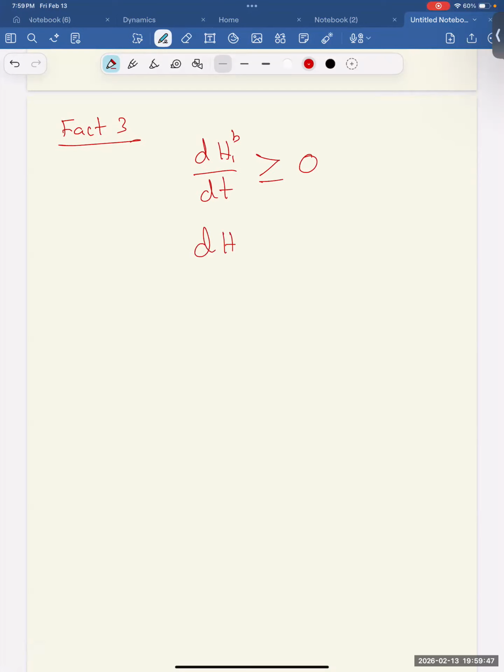All right, let's go to fact 3. Well, what have we seen so far? So far, we've seen that dH1B by dt is always greater than or equal to 0. This is this one particle marginal from the Boltzmann equation. We've also seen that dHn by dt, this is the Gibbs entropy, equal to 0, right?